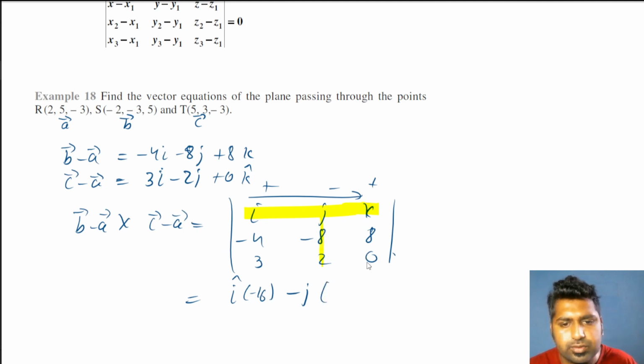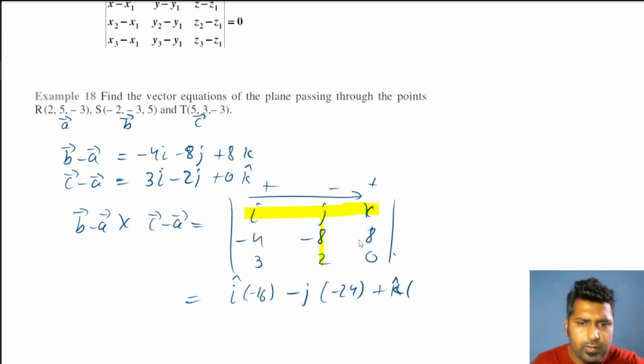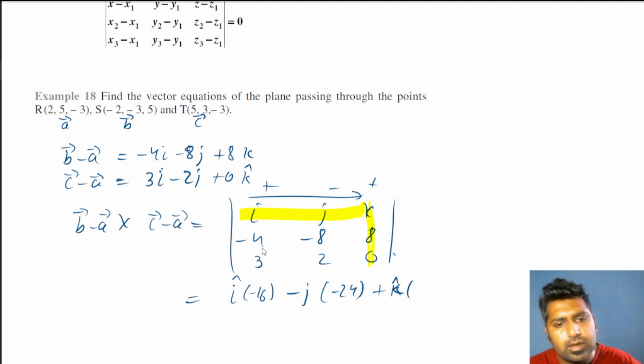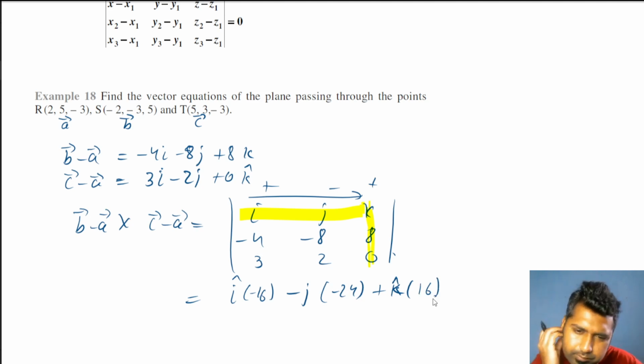Minus, this is minus 4, 0, minus 24. And k is also plus k. For that we have to leave the first row and third row and third column. So that's minus 8 plus 24, so plus 16.